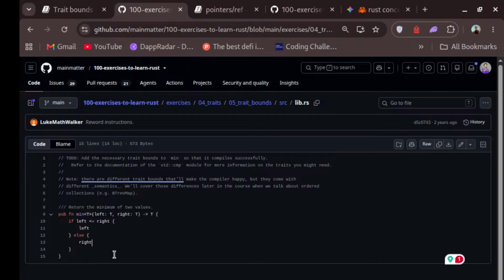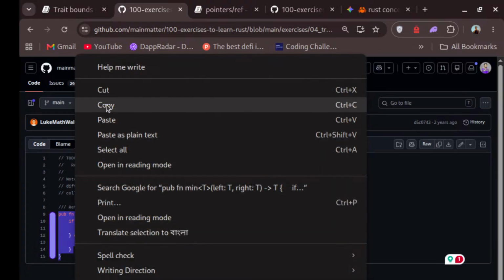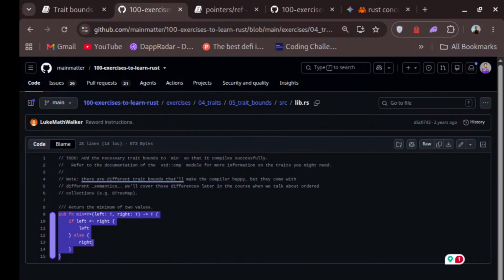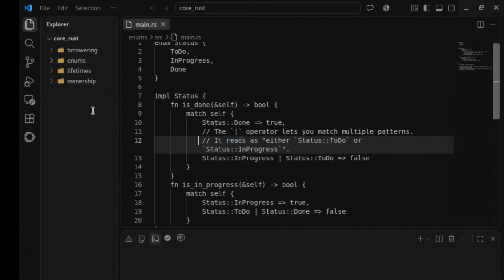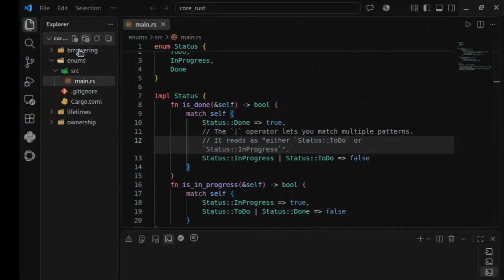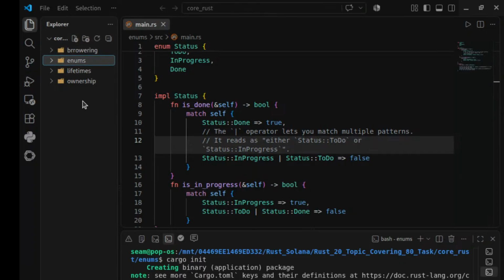Okay, this is a challenge for me. We will practice this trait bound.